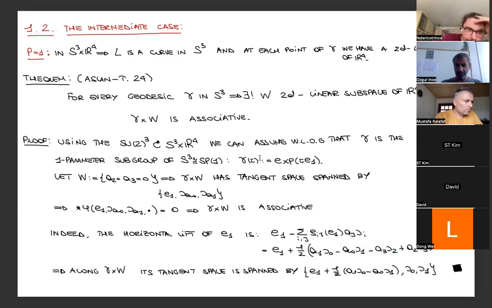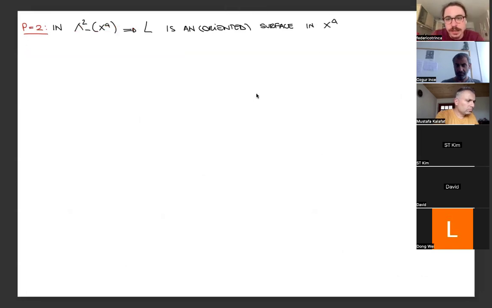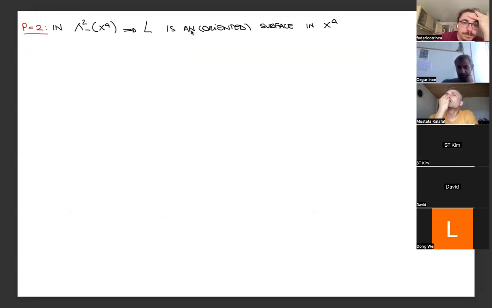Okay, so for the remaining cases, well, there are two remaining cases, but they both concern p equal to 2. So we are looking at an oriented surface L in X4, and from such an oriented surface in X4, we need to construct a subbundle over L of this anti-self-dual bundle.